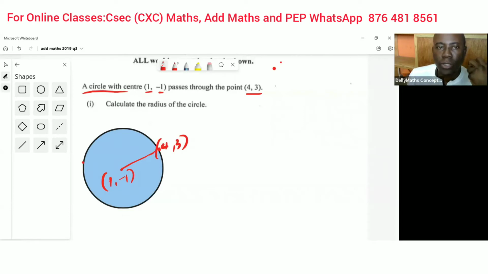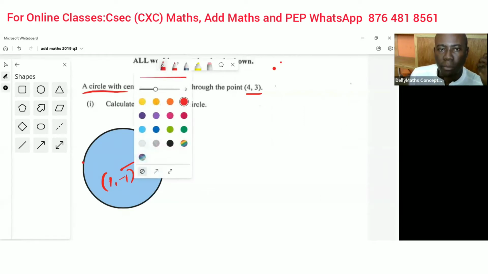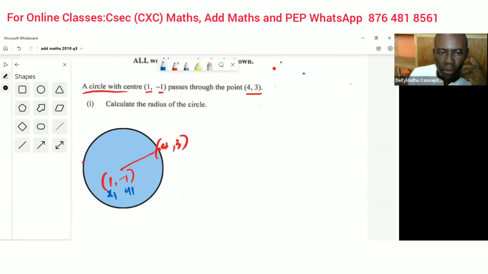We could label our points quickly. We could call this x1, y1, and this point here x2, y2. The radius is going to equal the root of all of this.